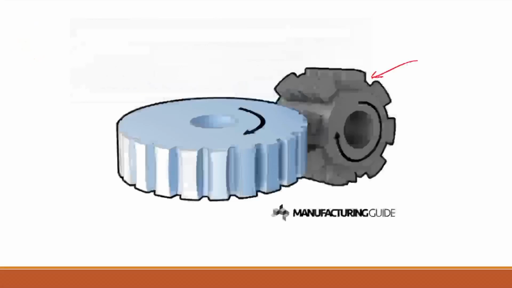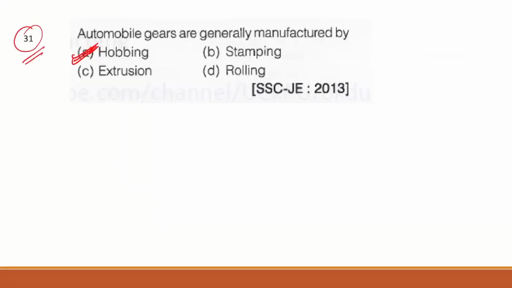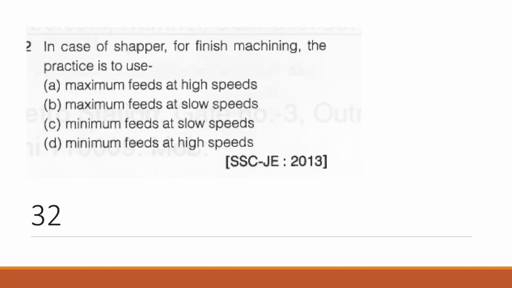This tool is known as hobber, and this is how the gear is generated by means of hobbing process. Although rolling and extrusion are also used for manufacturing of gears, the question is asking about the commonly used process, which is hobbing process.